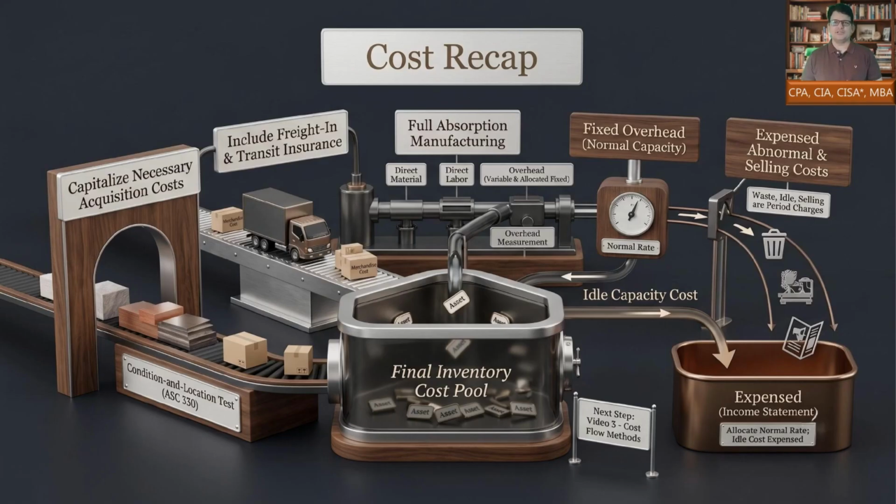Third, manufacturing inventory uses full absorption, including direct materials, direct labor, variable overhead, and allocated fixed overhead. Fourth, fixed overhead is allocated using normal capacity, and idle capacity cost from low production is expensed. Fifth, abnormal costs and selling costs are period charges.